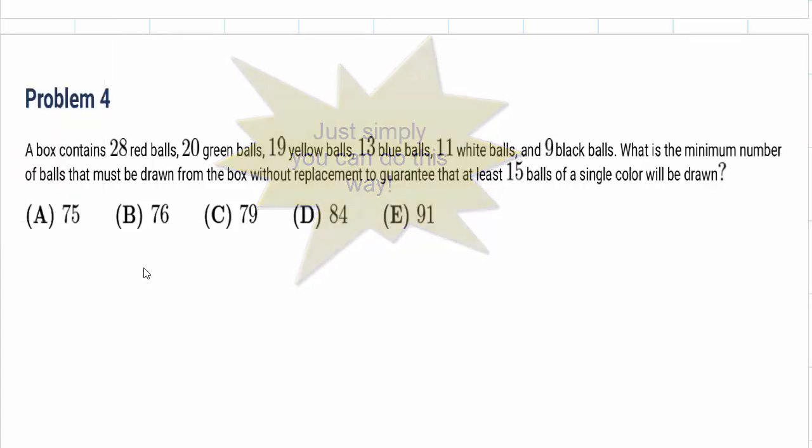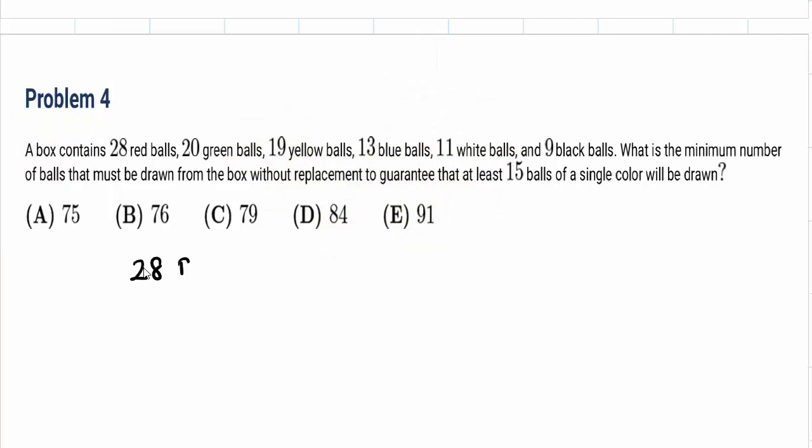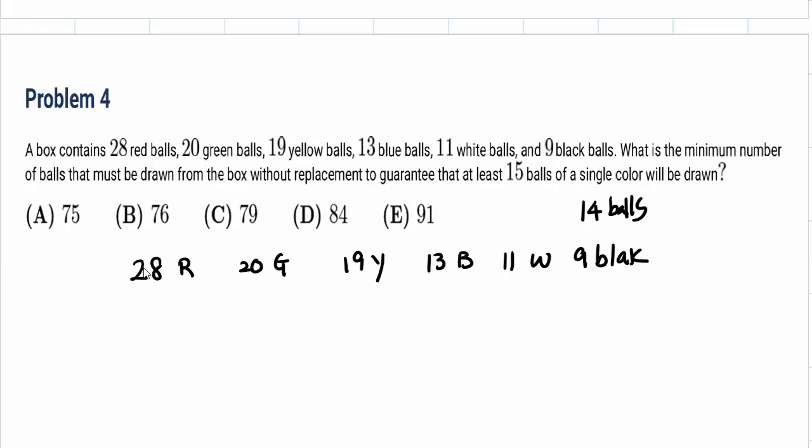Sorry. Okay. 28 red, 20 green, 19 yellow, 13 blue, 11 white, 9 black. So what is the worst case? If they are up to 14 balls, we can draw out. Okay, 14 balls. So take up 14 over here. Take up 14.